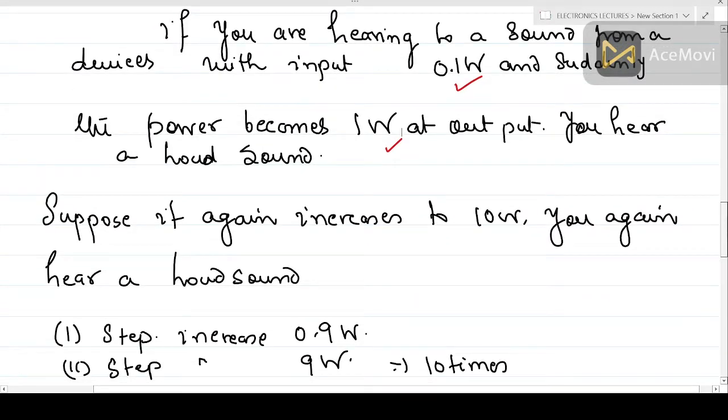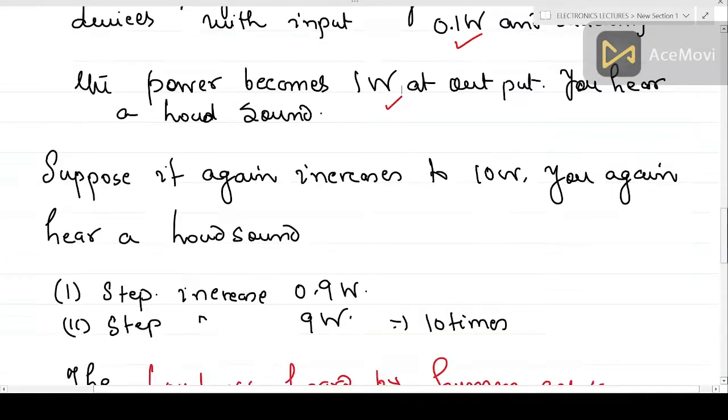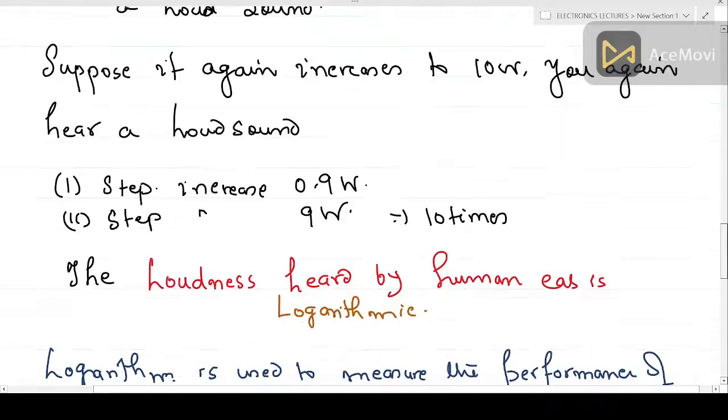Suppose the power increases to 10 watts, then again you hear a louder sound, but you cannot detect how much the sound has increased. So in step 1, the power has increased by 0.9 watt, and in the second step the power has increased by 9 watts, which is 10 times the first increase.